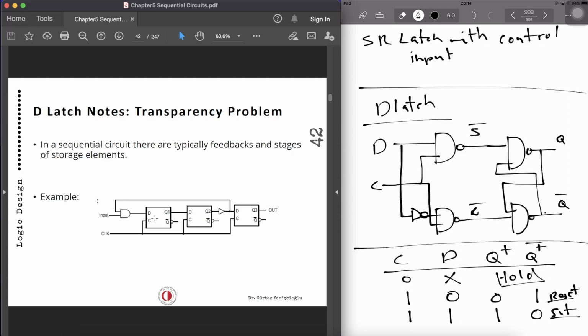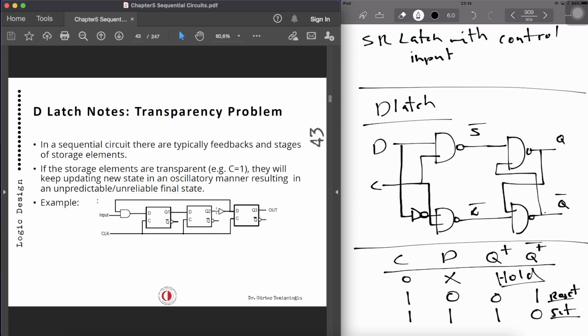This is transferring it, but as they are activated at the same time, the next one will not find any input to transfer. This will cause a transparency problem. They are going to keep updating their cells and there will be an unreliable and unpredictable final state.